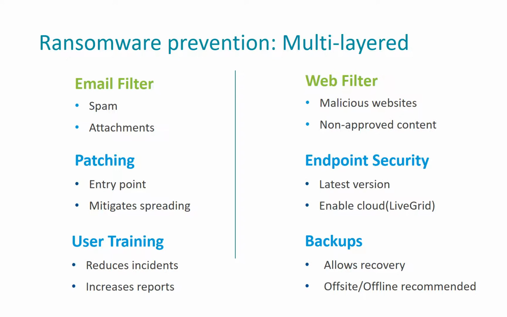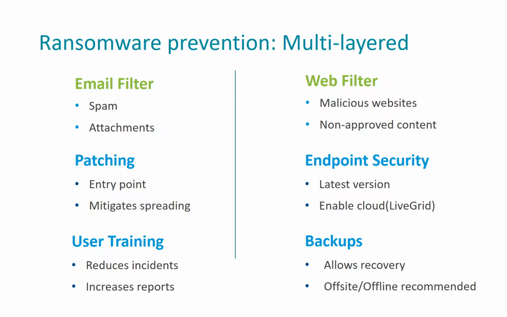Next, endpoint security. When it comes to endpoint security or antivirus, anti-malware products, you want to make sure you're utilizing the newest version of the company's products and that the product is successfully retrieving its daily updates. If a vendor has a cloud component, make sure it's turned on, as this allows even faster reactions to zero-day threats. ESET calls this component LiveGrid.